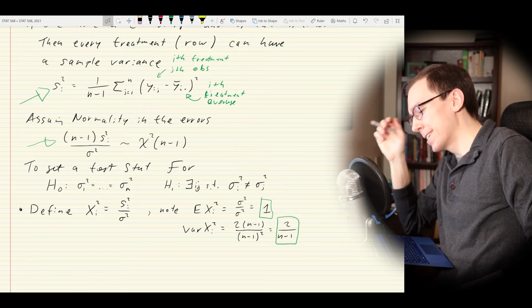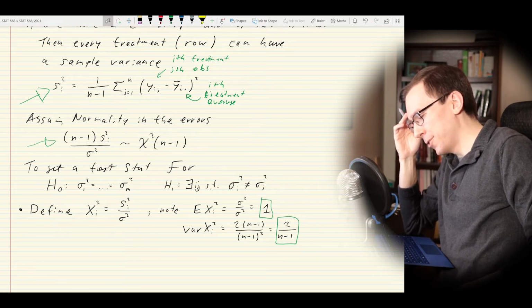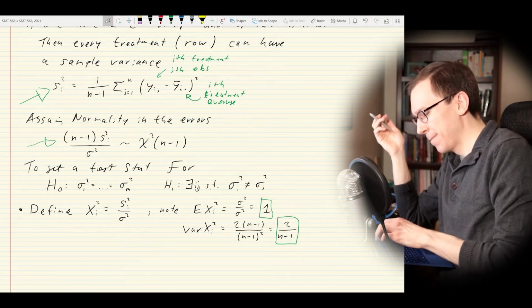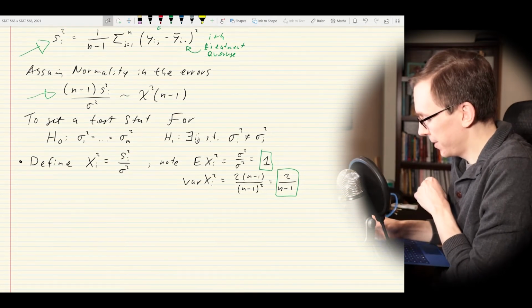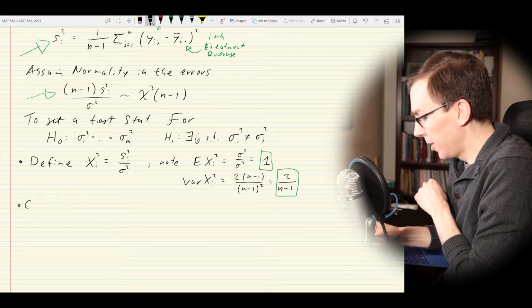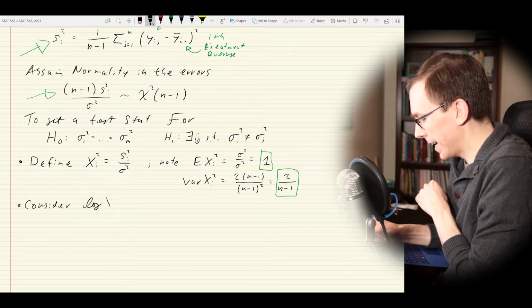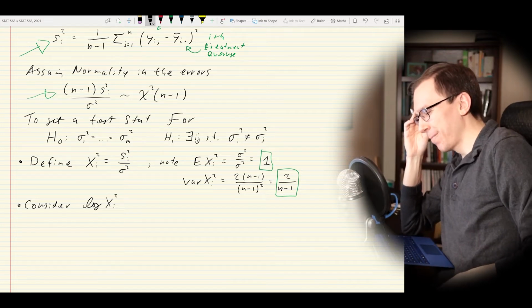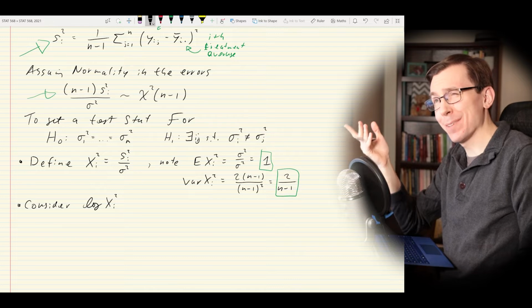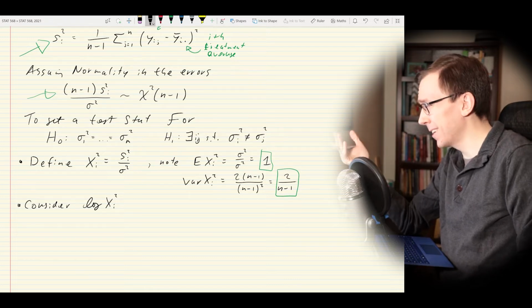Okay, so now that we have this, the question is, how do we construct a statistical test? Now, the way that they talk about it in the textbooks is to say, consider the log of chi i squared. Okay, so what happens when you have a scaled chi-squared random variable and you take a log of it?